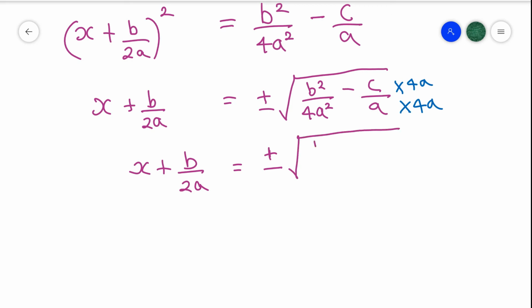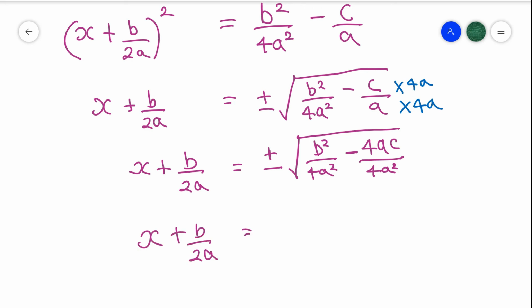So square root of b squared over 4a squared, c times 4a is 4ac, and a times 4a is 4a squared. Now the denominator is common, which means we can simplify the numerators: b squared minus 4ac over 4a squared.